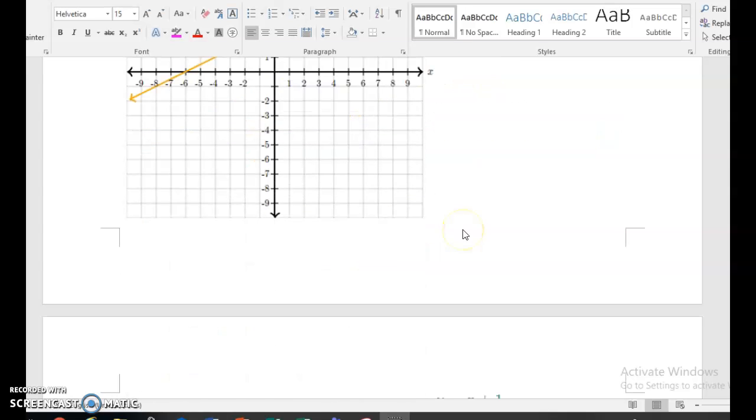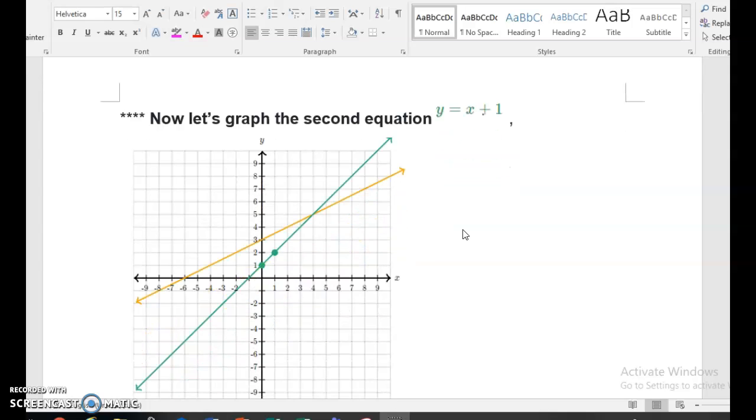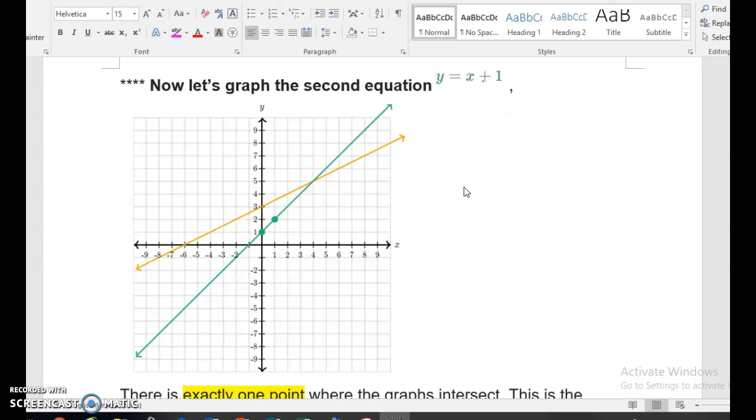And next, now let's graph the second equation, y equals x plus 1. First we need to identify the y-intercept. The y-intercept is 1, which is on the y-axis, 1. Okay, we mark 1 right here.